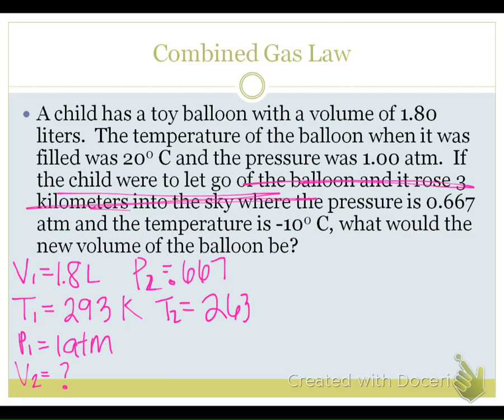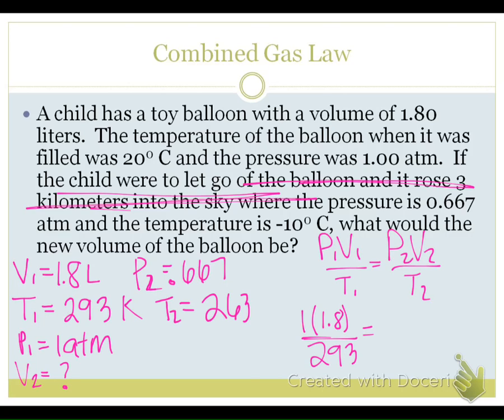Let's go ahead and start plugging into our equation. P1 V1 over T1 equals P2 V2 over T2. So we'll plug in 1 atmosphere times 1.8 liters over 293 equals 0.667 times V2 over 263.